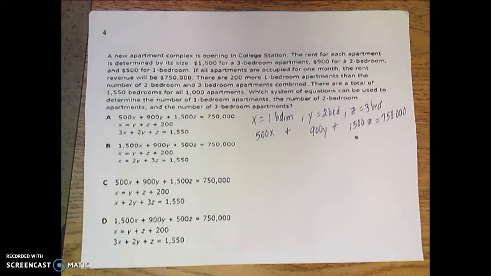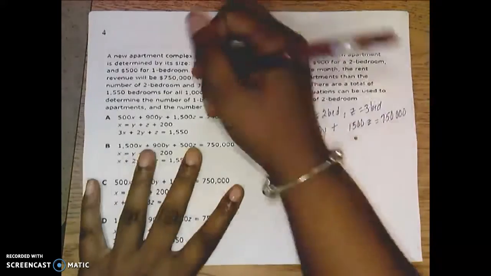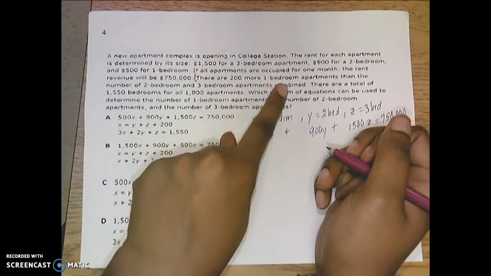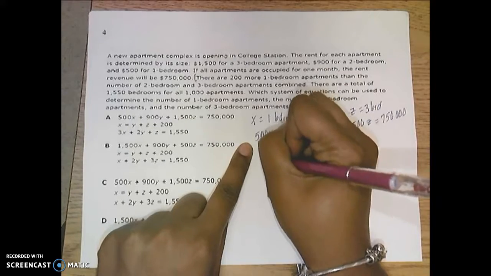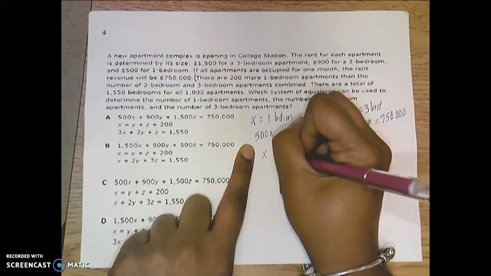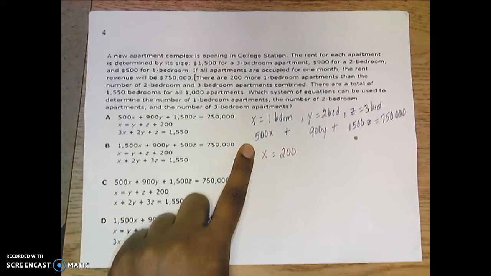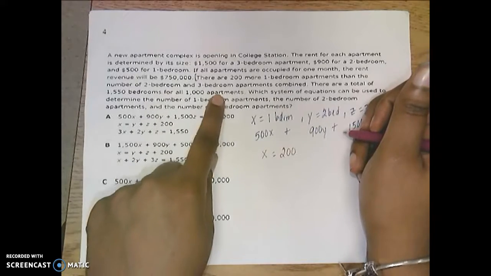Now, it says there are 200 more 1-bedroom apartments than the number of 2- and 3-bedroom apartments combined. So this sentence here, this second one where there are 200 more, I'm going to start it right in here. So 200 more 1-bedroom apartments. So the 1-bedroom is going to be X. And since I know that there's 200 more, it's going to be the 2- and 3-bedroom apartments.